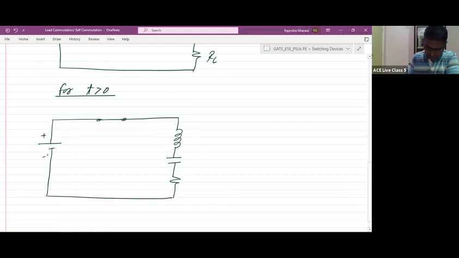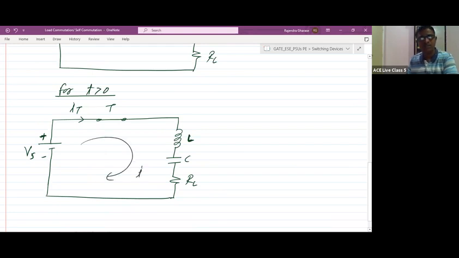This is VS, here it is the thyristor T. This current is IT, inductor L, capacitor C, and a low value of resistor RL. Now consider the current in the circuit is I. So for t greater than 0, the inductor goes on storing energy and the capacitor goes on charging.